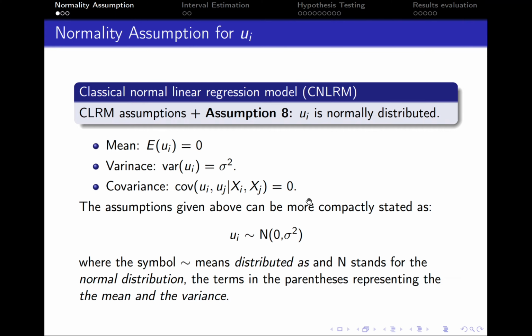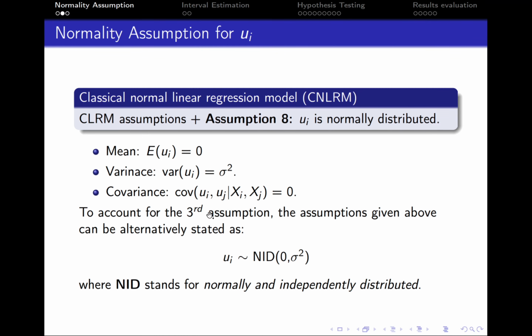They can be more compactly stated in the following way. So the error term followed by the symbol, which means distributed as, where N stands for normal distribution, and in the brackets we've got 0, which stands for the mean value, and sigma squared, which stands for the constant variance.